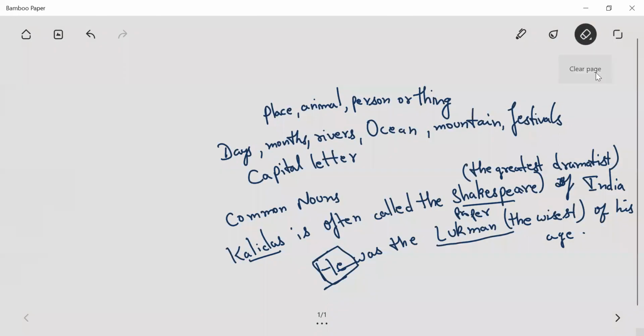When we take the name of somebody very well known, like Shakespeare, and we are talking about another person, at that time it's sometimes used as a common noun. Now, what do common nouns include?